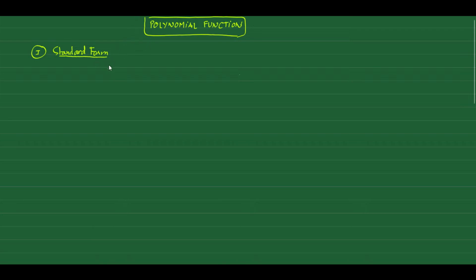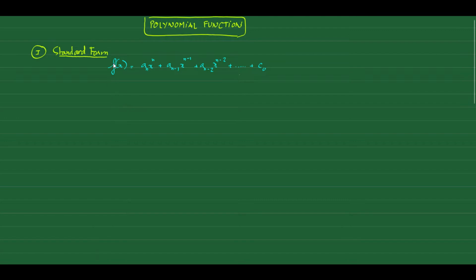So polynomial function looks like f of x equal to a sub n x to the n plus a sub n minus 1 x to the n minus 1 plus a sub n minus 2 x to the n minus 2 plus ... plus c sub 0.